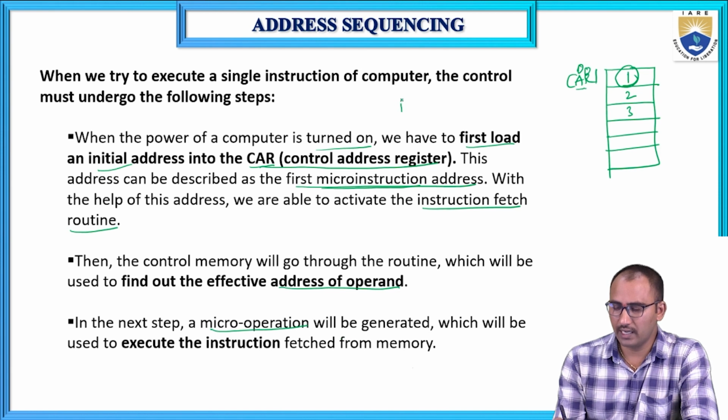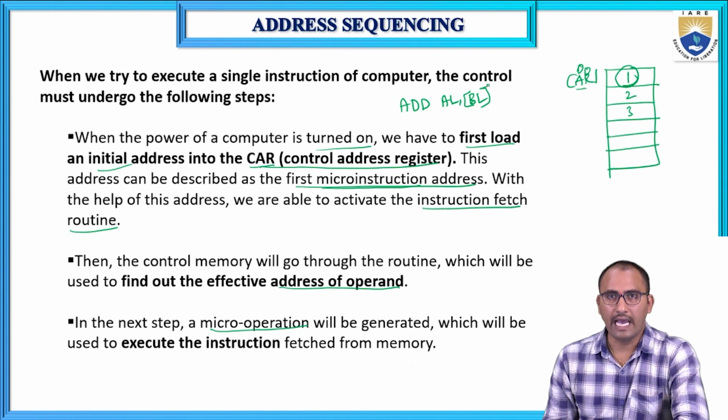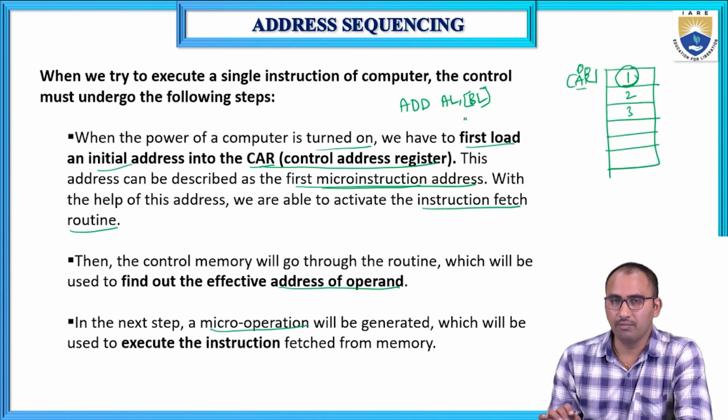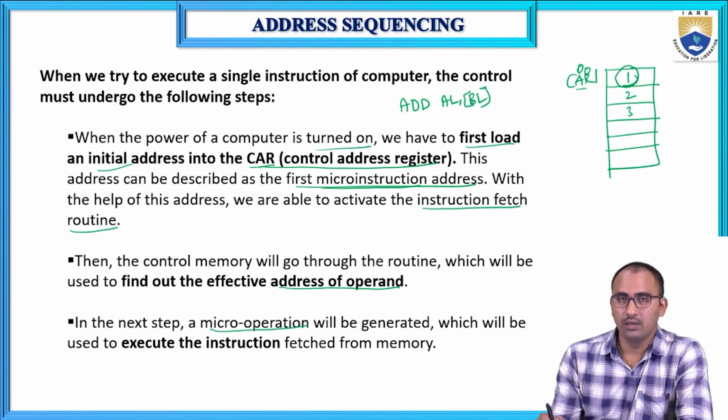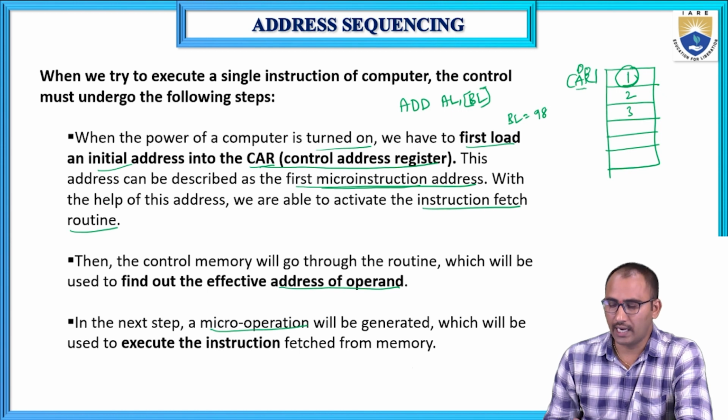Suppose you consider an example, add AL, offset of BL. That means the contents of BL, let us assume BL is equal to 98, is the address of the operand.